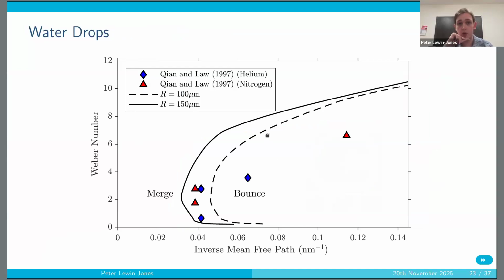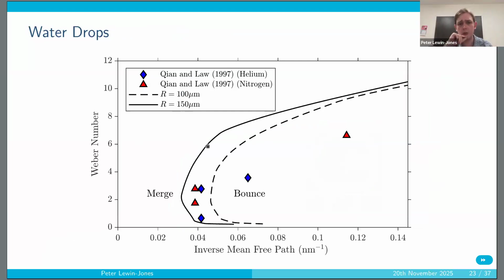Final thing, we've also looked at water drops. Everything I was doing was for alkane tetradecane drops, but we've had less good agreement for water drops. We found that if you change the radius slightly, you get quite different curves depending on how the pressure behaves. These experiments get reported for a range of different drop radii and then averaged.